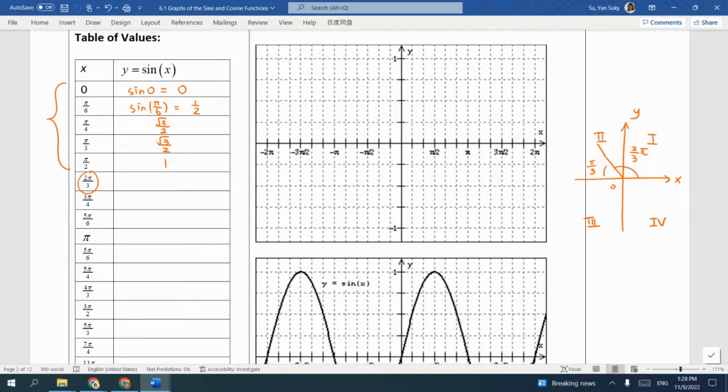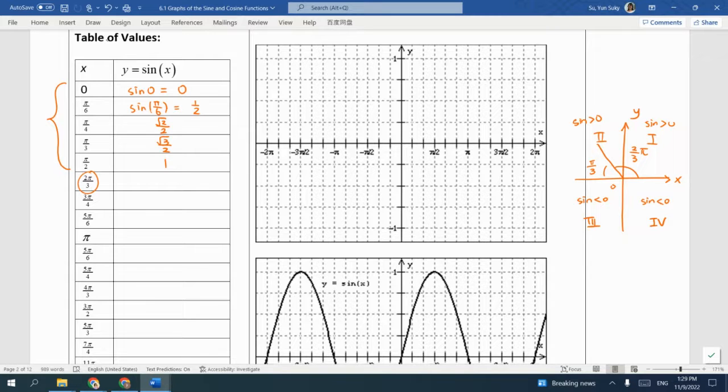In the third quadrant, sine is negative. In the fourth quadrant, sine is negative.